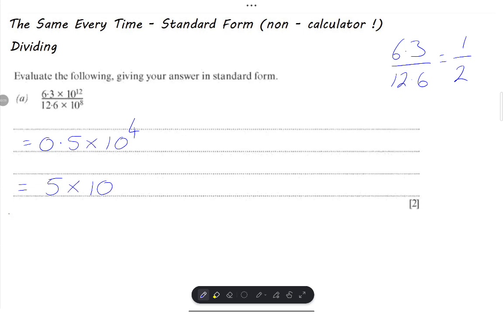Well, I need to cancel out my multiply by 10 by dividing by 10 in the 10 to the power 4. So I've multiplied my 0.5 by 10, so I have to divide the opposite, my 10 to the power 4 by 10. Dividing 10 to the power 4 by 10 will give me 10 to the power 3. So 5 times 10 to the power 3.